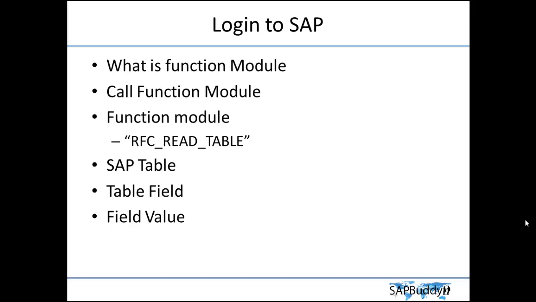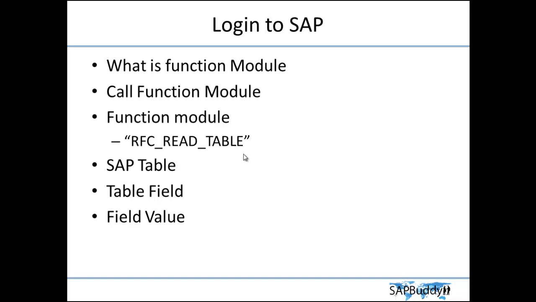There are many function modules available in SAP which can be used. For our training, we will be using a function module RFC_READ_TABLE. This function module is used to read the table content. There are other function modules also available to read tables, and we can use those as well, but this function module is quite easy to explain, so we have taken this as an example.